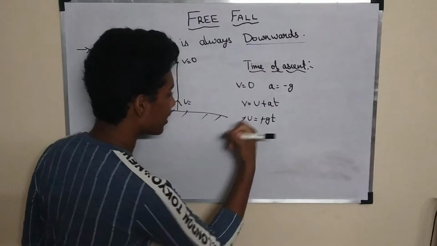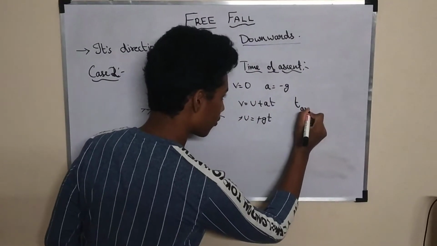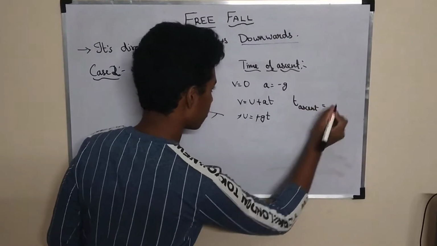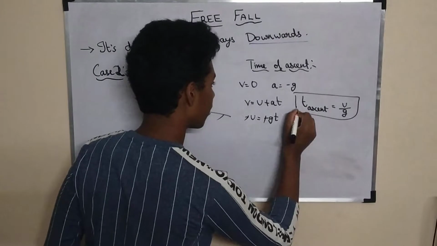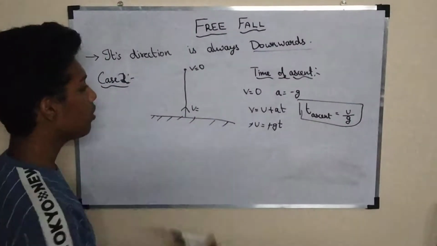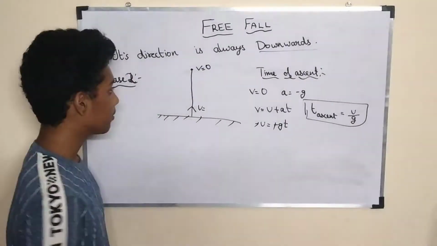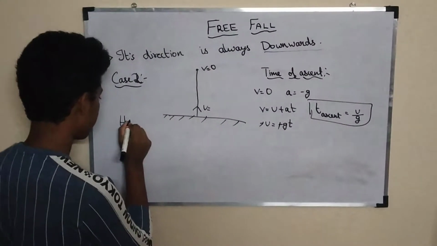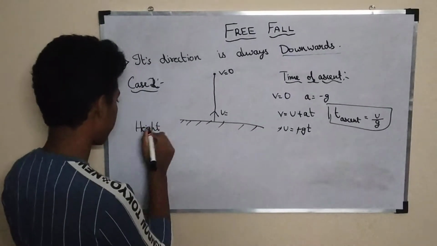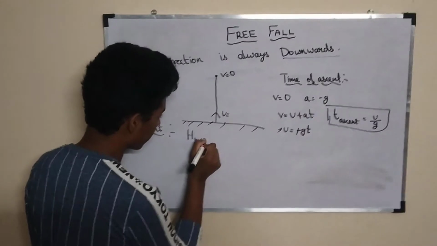So here minus minus gets cancelled, and time of ascent, remember, would give you u by g. So time of ascent would give you u by g. Now let us try to find out the height, h max.